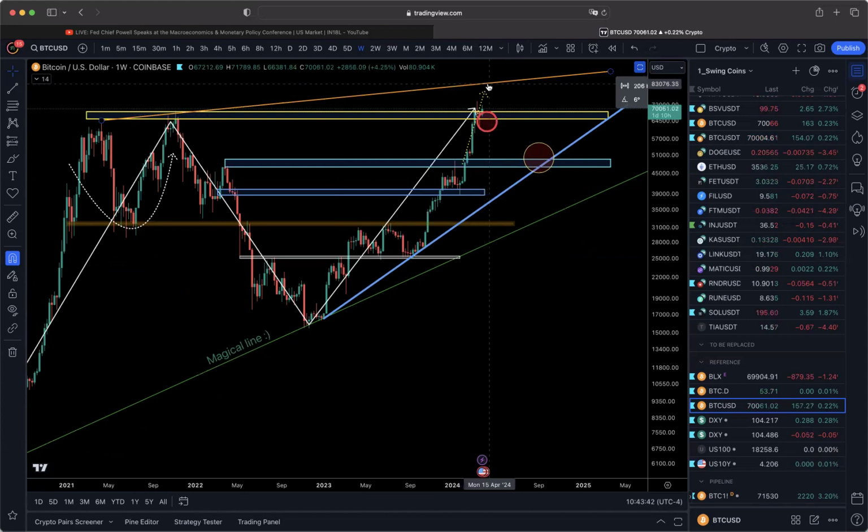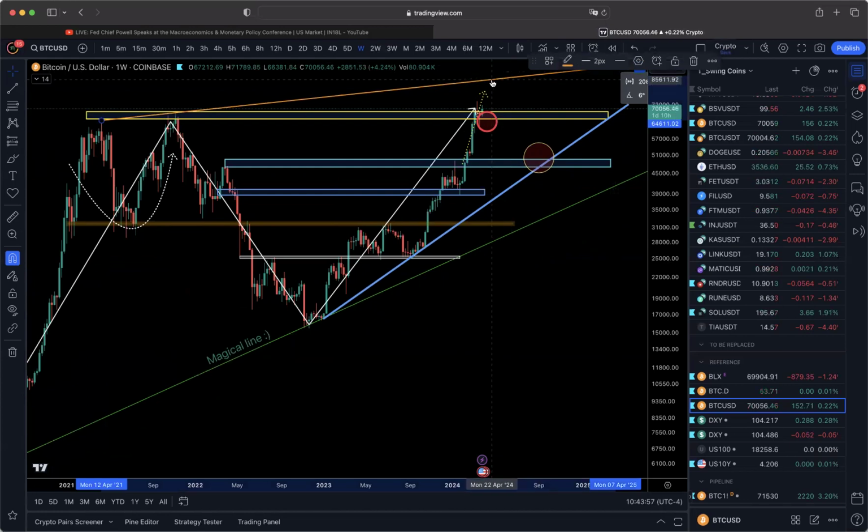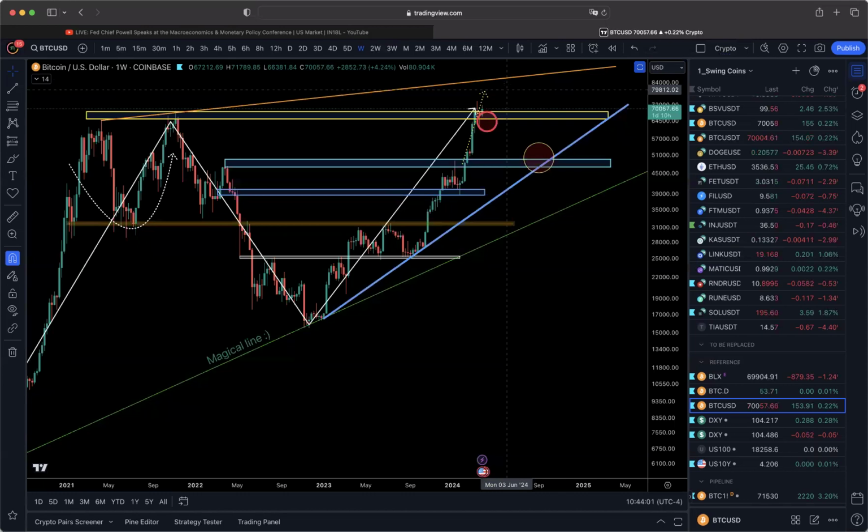This is very important. Mid 80K range, but I think it can vary a little, because a little change in angle could actually change the range. If you look at it this way, then it becomes 85. I like that. Anyway, when it comes closer, we'll have a better idea.